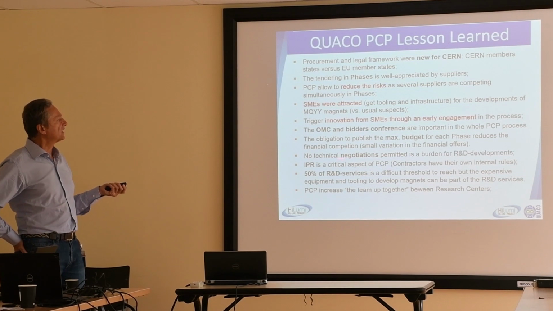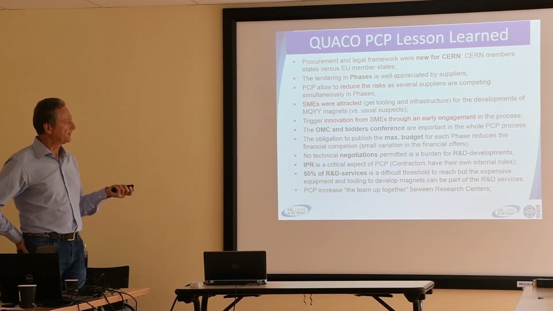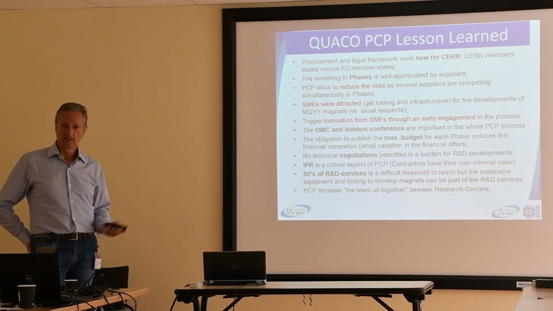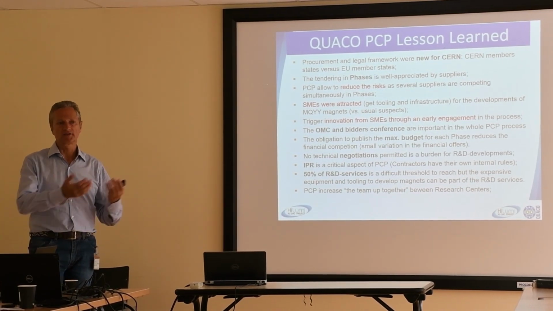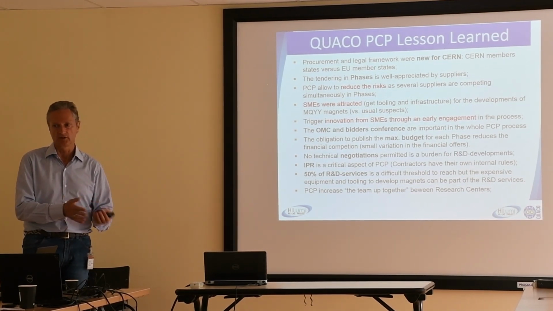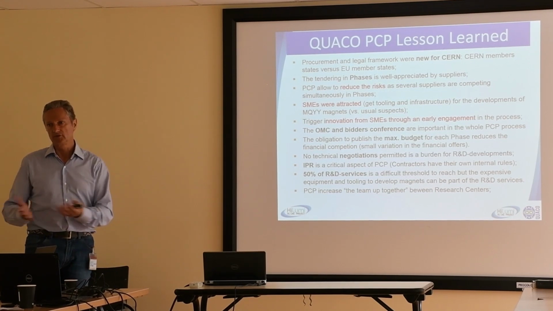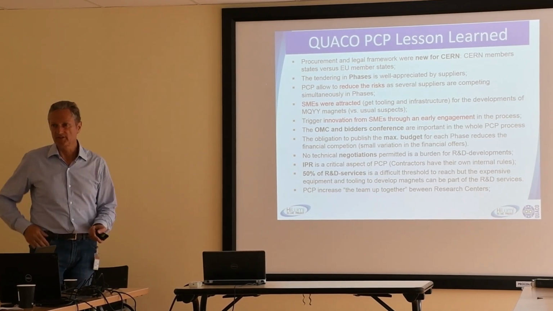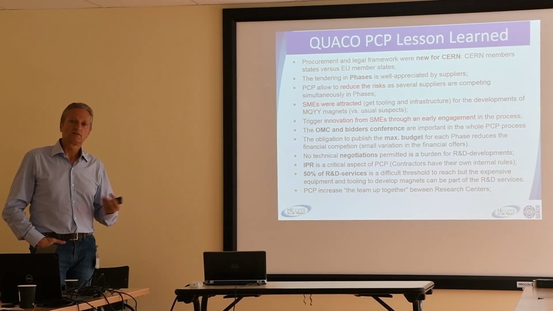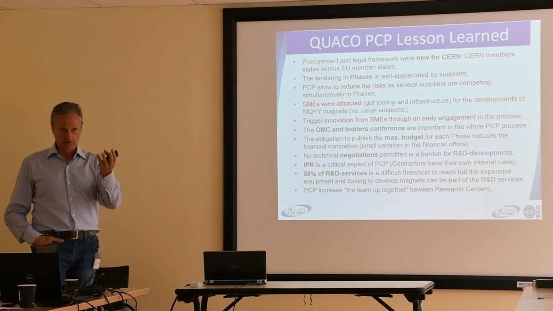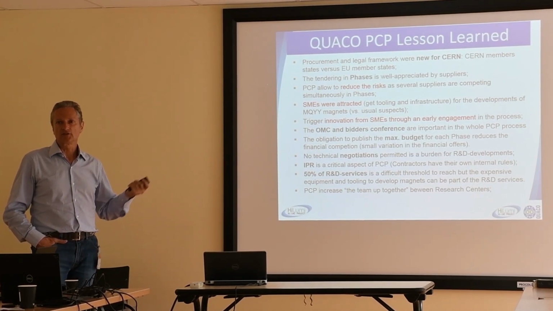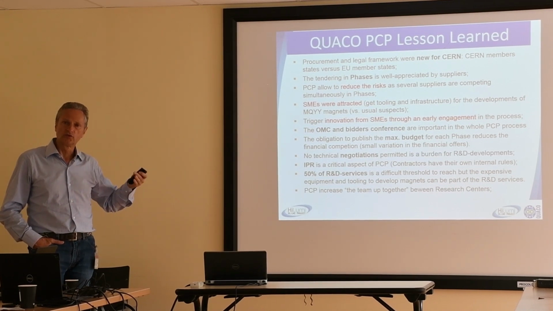There is no technical negotiation permitted. This is in the sense that when you make the tender and the companies reply, you cannot sit with company A and say, well, your tender is good in this and that, you have to change. Because one of the principles of the European Union is equality of treatment. So this is not a negotiated procedure.